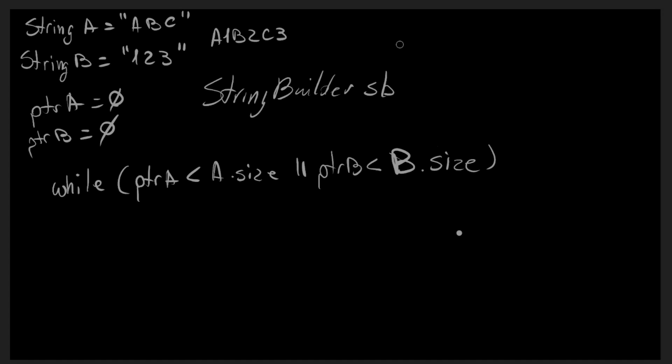First, we want to be adding SB dot append, and we're going to be adding A at whatever is at pointer A, and we need to increment pointer A. After we use it, we increment it by 1. Now we're going to do the same after this to B. So let's jump right into the code.